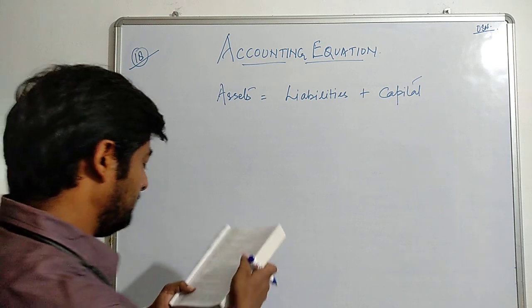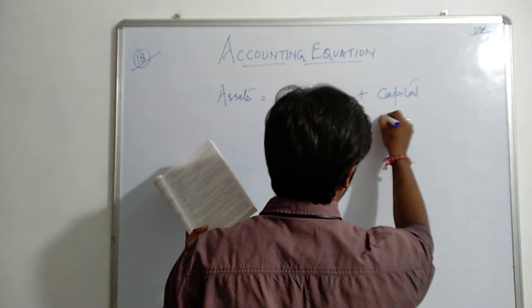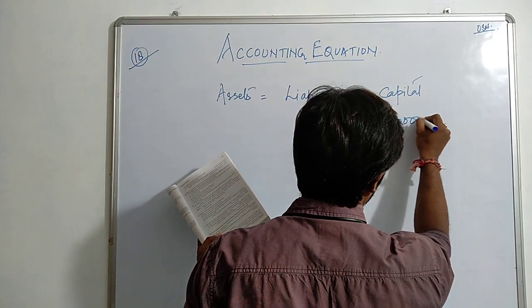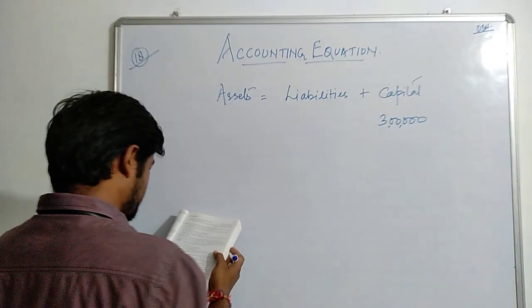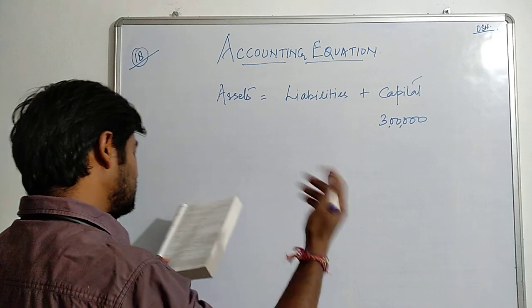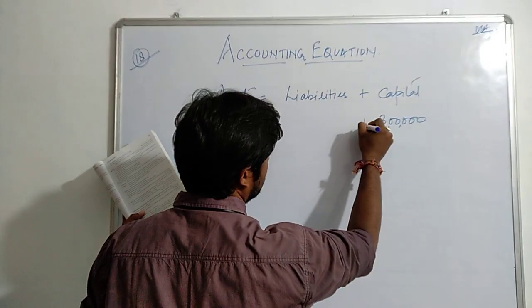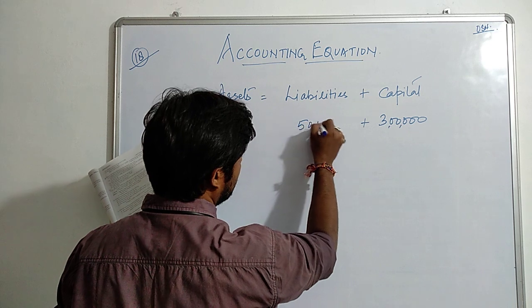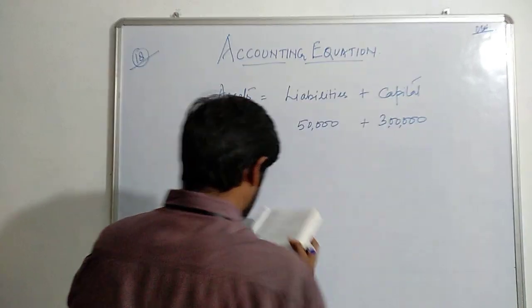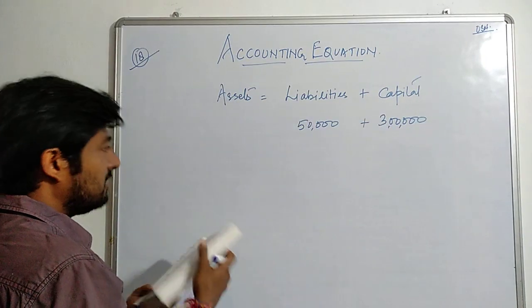Now we have to see what they are saying: capital is 3 lakhs, liabilities are 50,000, and loss is 70,000.